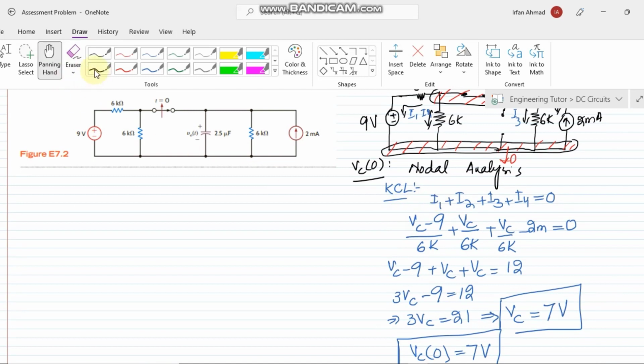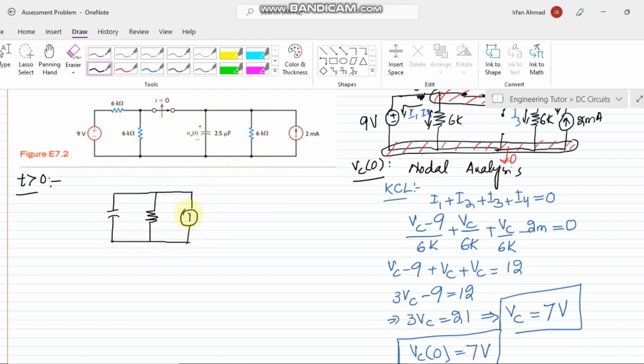After it, let me draw my circuit for the condition when t is greater than 0. When t is greater than 0, the switch will be opened here. As this portion of the circuit has been removed, only the portion at the right side of this switch will remain here.